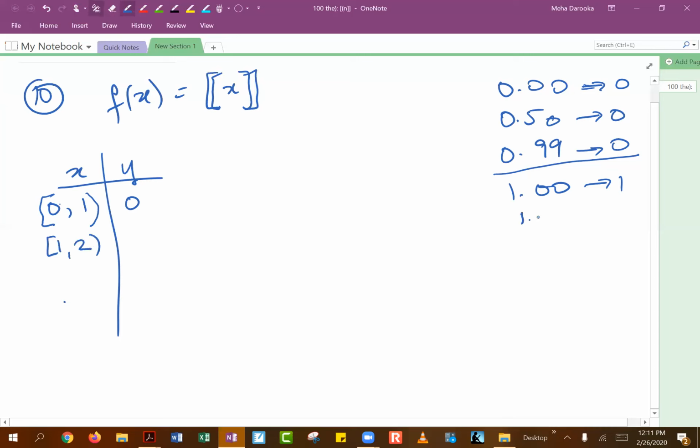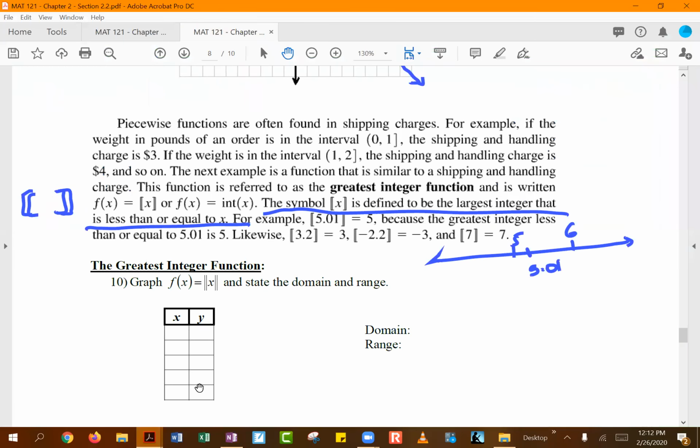That's because 0 would be equal to itself, since you do have less than or equal to.